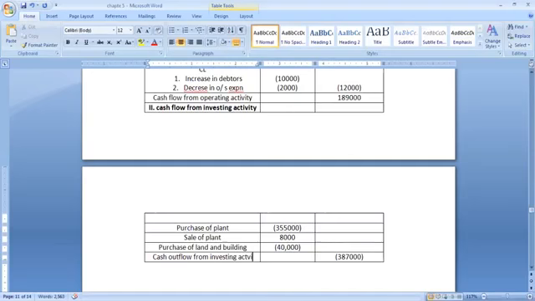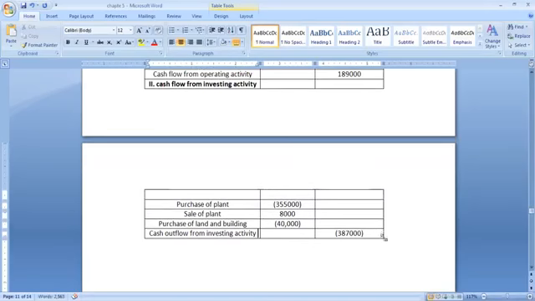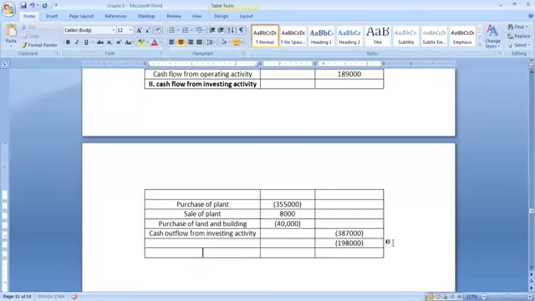If you got it in a positive value, then it is a cash inflow from investing activity. Fine. So reduce 3,87,000 from 1,89,000, and whatever the value, you got it as 1,98,000. So don't just write anything to it.